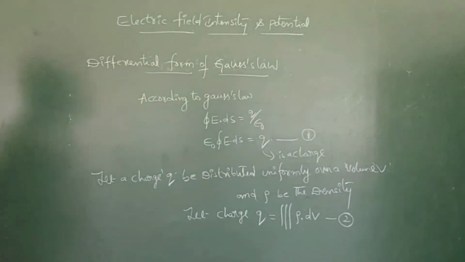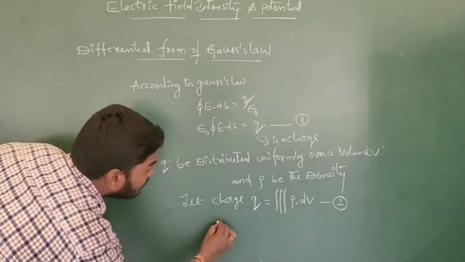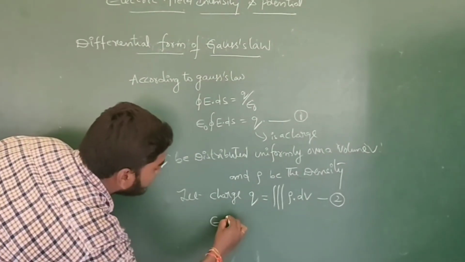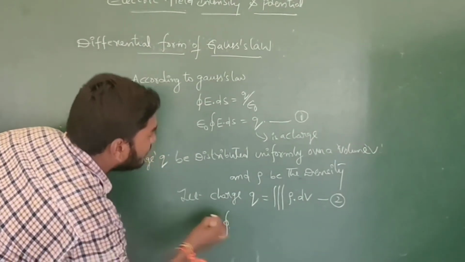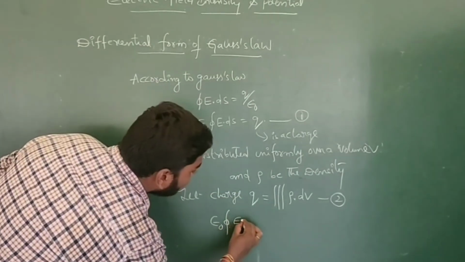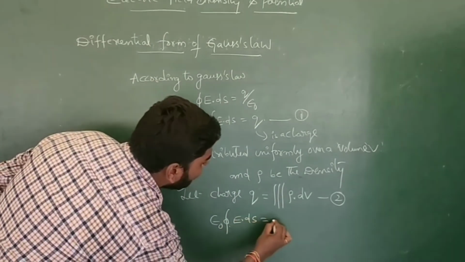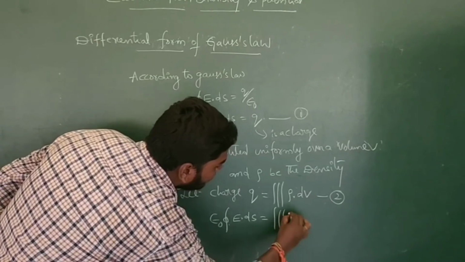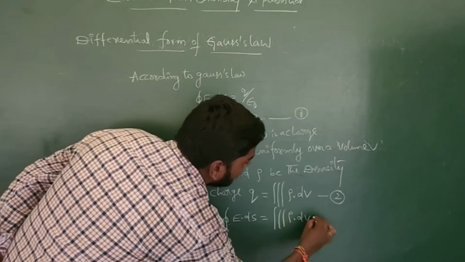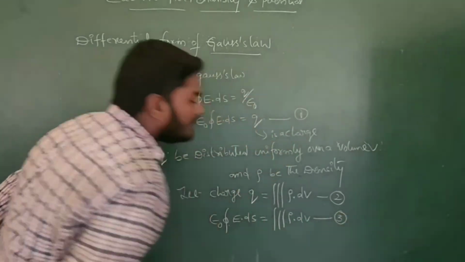Now from equation 1, epsilon naught times the surface integral of E dot dS equals the volume integral of rho dV. This is equation number 3.